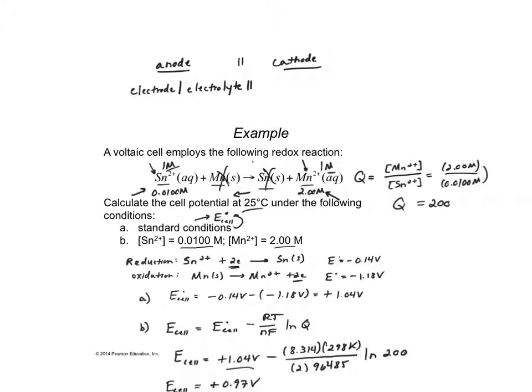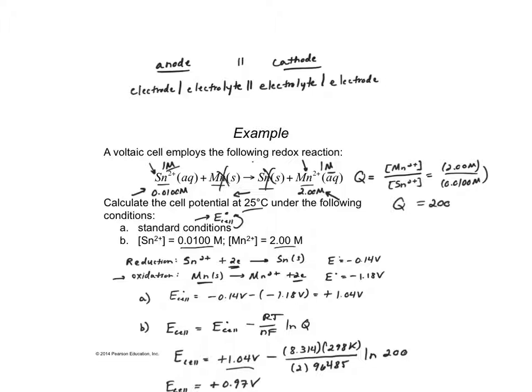Then this is followed by the electrolyte of the cathode, a phase change, then the electrode of the cathode. So for this specific voltaic cell, the anode is given by what's happening with manganese. It's our oxidation half cell.